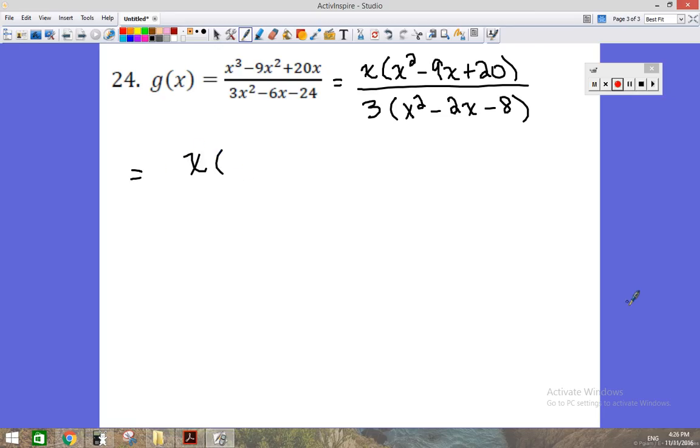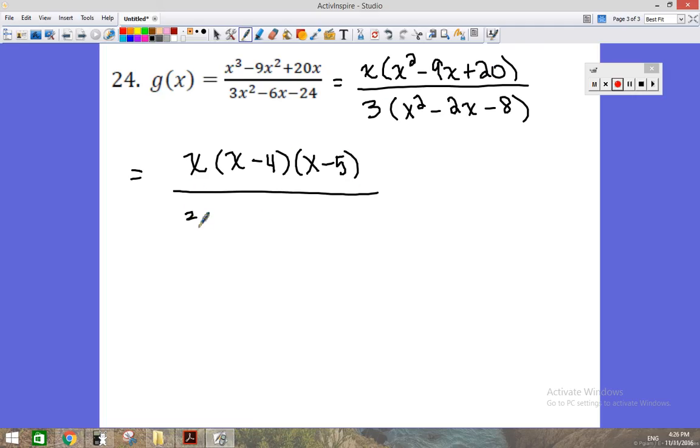The numerator, that trinomial, factors to x minus 10. No, it does not. Oh, 4 and 5. Huh. x minus 4, x minus 5. Negative times negative gives me positive, but if I add them up, I get a negative 9.